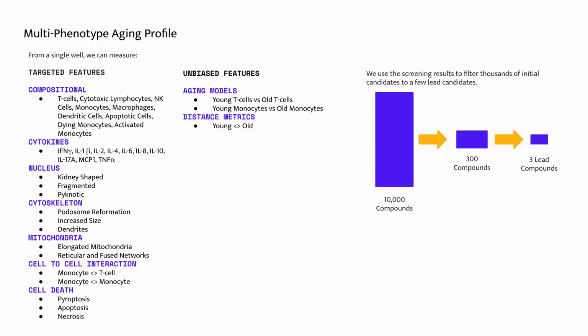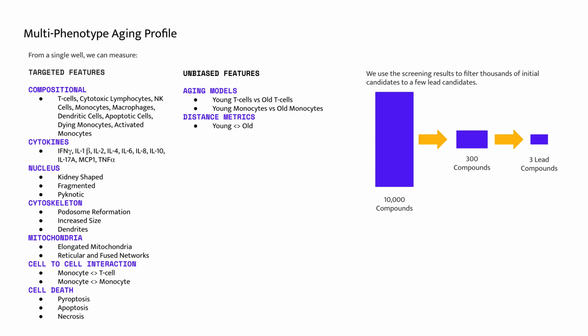To quantify these differences in the young and the old viral immune response, Spring built the multi-phenotype aging profile. From the cell painting images in a single well, we extracted several dozen features.